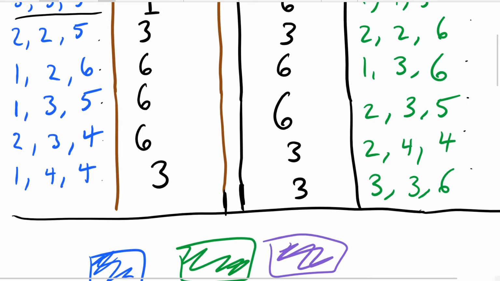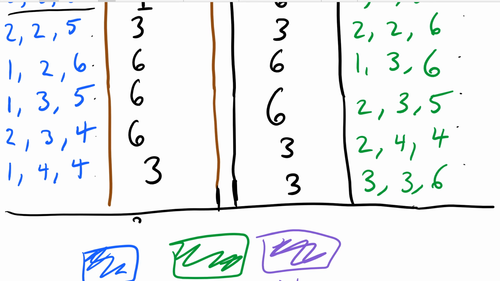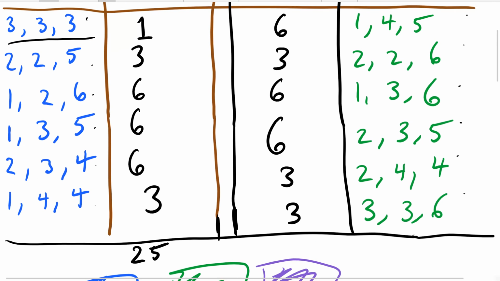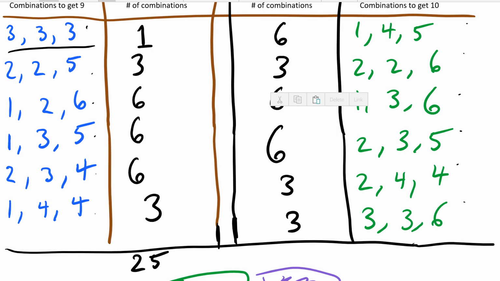So let's add these up. So we have 1, 4, 10, 16, 22, 25 ways to get a combination of 9. We have 6, 9, 15, 21, 24, 27.